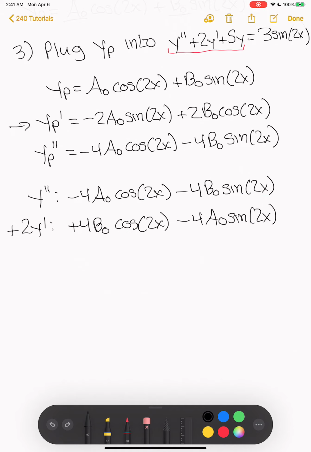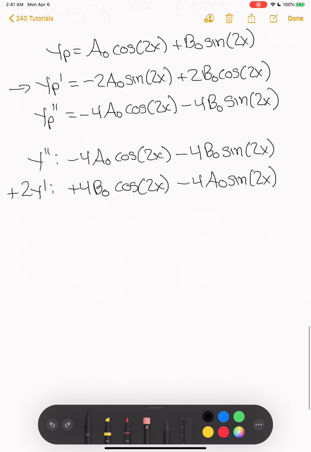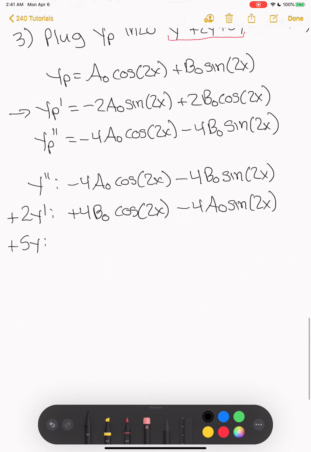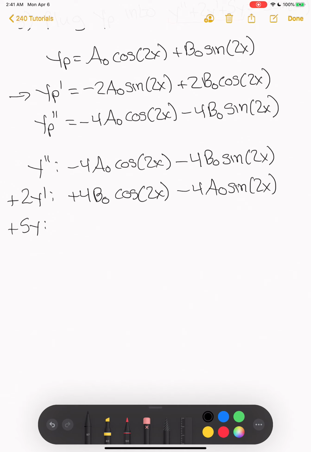All right, and then I need to add to that 5 times just the particular solution itself. So this becomes plus 5a naught cosine of 2x, and then plus 5b naught sine of 2x.